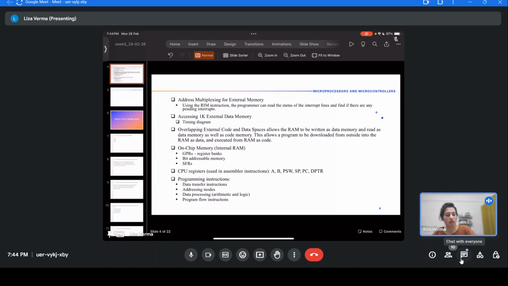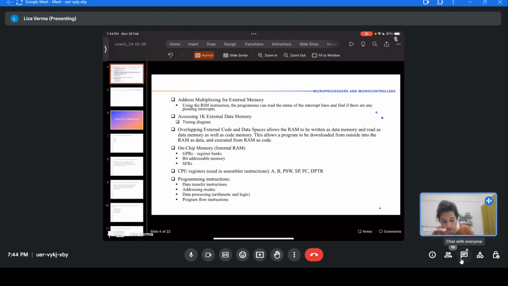I guess I'll have the answer next week. There are limited stack locations in 8051 as opposed to 8085. I don't have the answer right now.